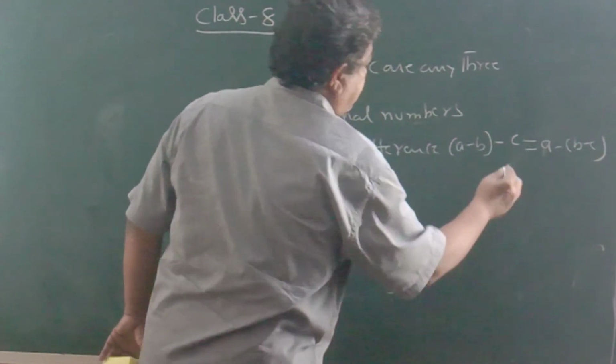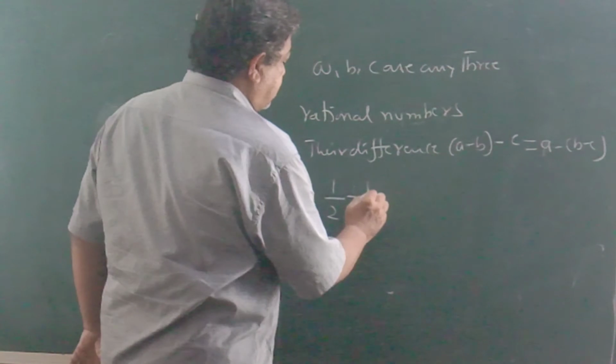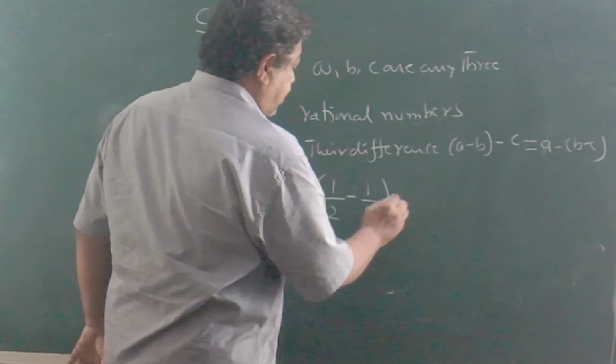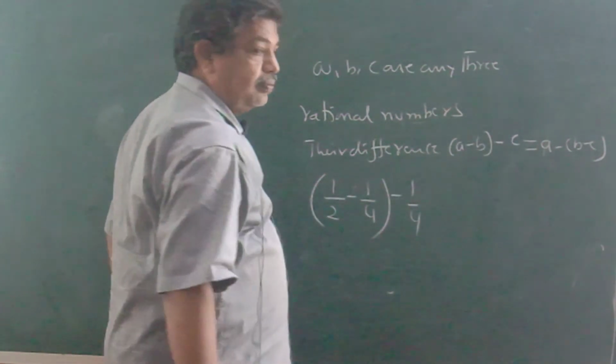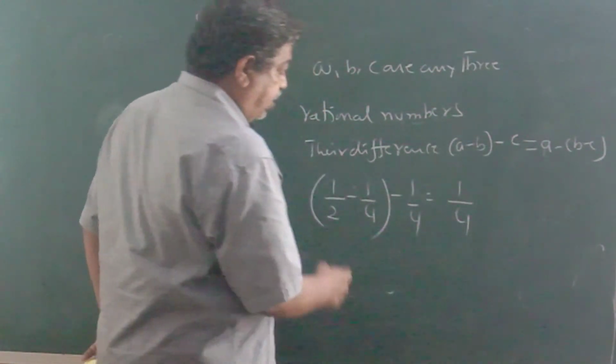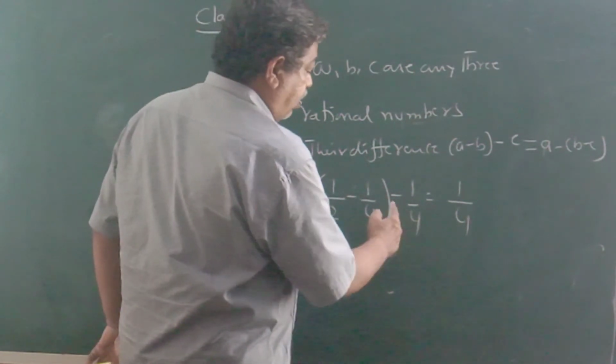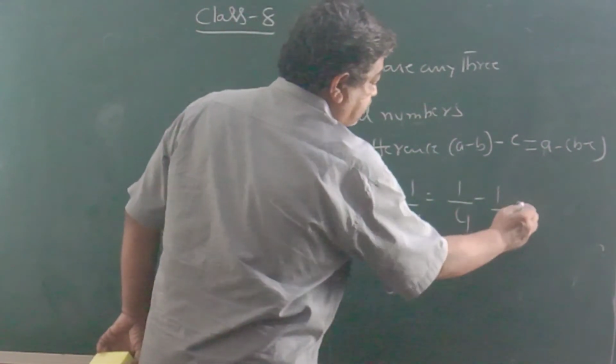Check this result with 1 by 2 minus 1 by 4 minus 1 by 4. 1 by 2 minus 1 by 4, how much is it? If you take the LCM and subtract 1 by 2 minus 1 by 4, you get 1 by 4. 1 by 4 minus 1 by 4 is how much?